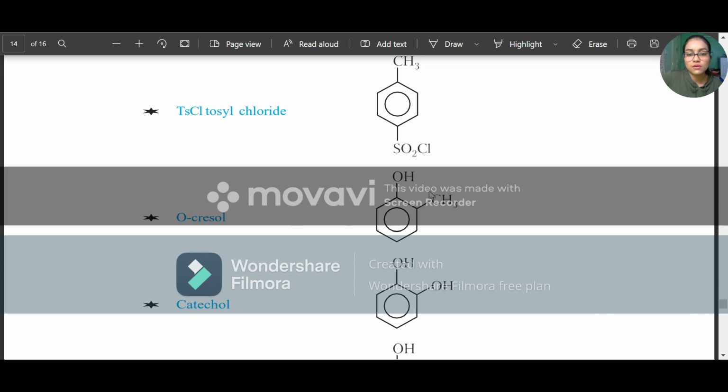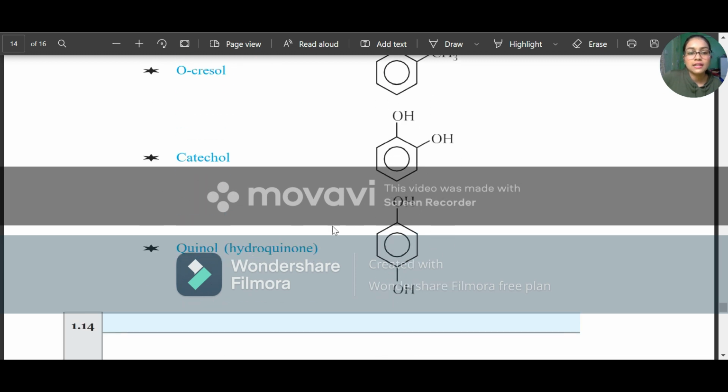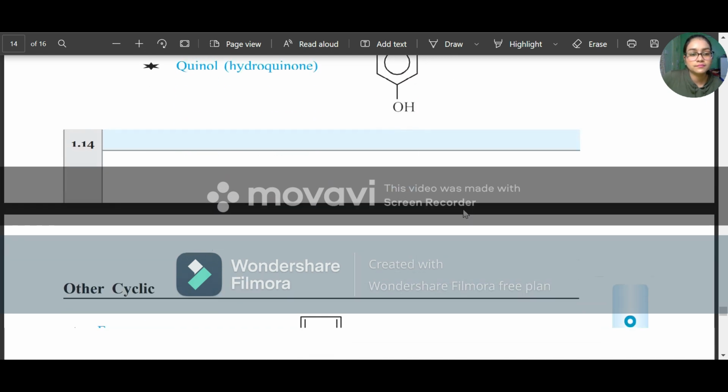This is orthocresol. This is catechol. This is quinol or hydroquinone.